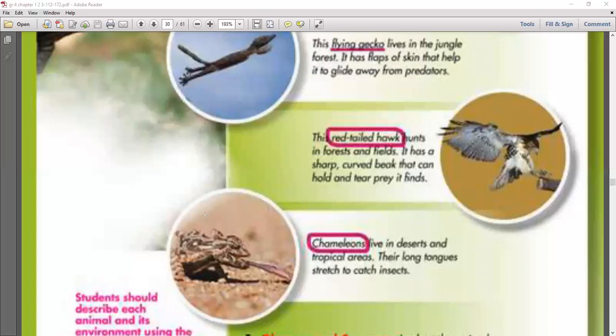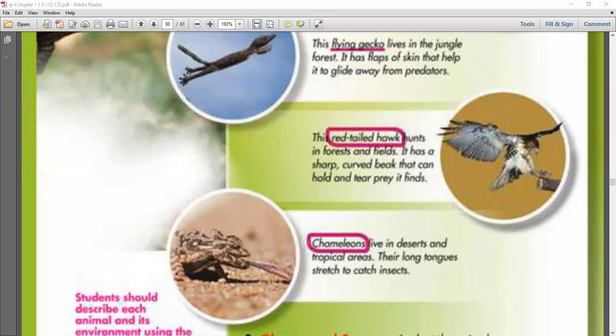Okay, Omar, can you tell us about the last animal in this picture? Chameleons live in desert and tropical areas. Their long tongues stretch to catch insects. Okay, excellent.